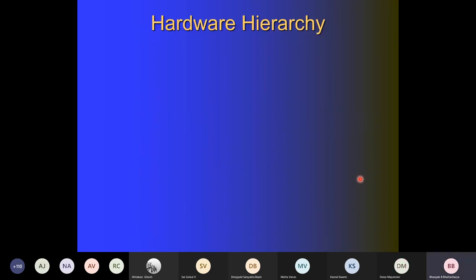Now let us look at the hardware hierarchy. In the bare machine, we said that it's a collection of combinational logic circuits and sequential finite state machines. At the base level, you have just transistors, which are nothing but semiconductor switches.